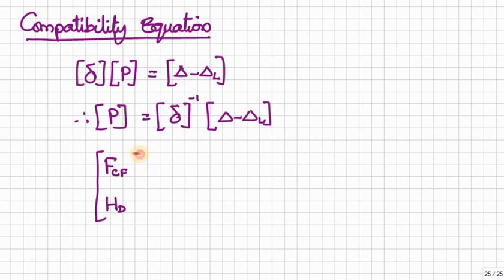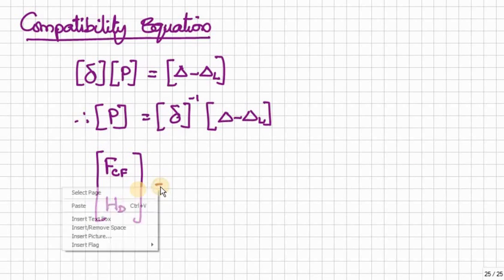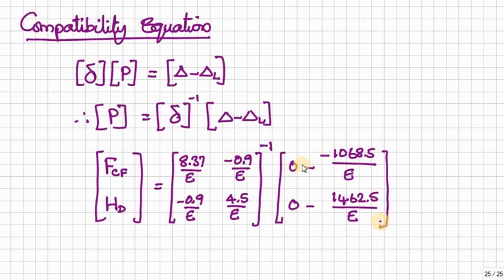So which is equal to the inverse of delta, that is the flexibility matrix. So here this capital delta is the final settlement at that place, that is no member, but there is no final settlement or final displacement. Therefore it is 0, and delta L is the displacement at that place or system coordinate 1 due to external load, that is equal to minus 1068.5 by E. Already we have minus here, so minus plus.